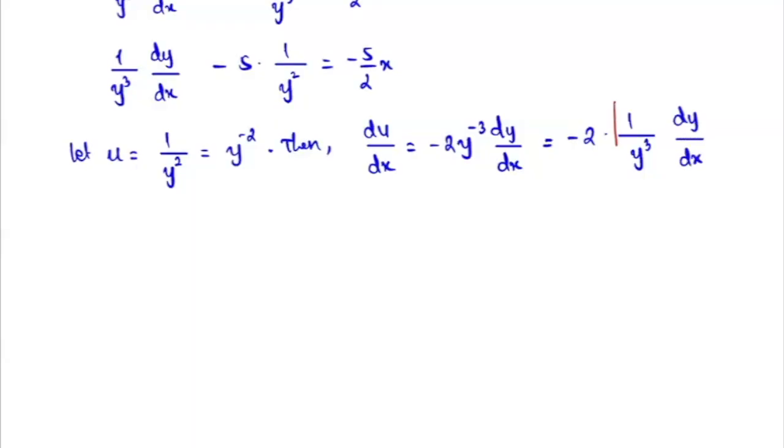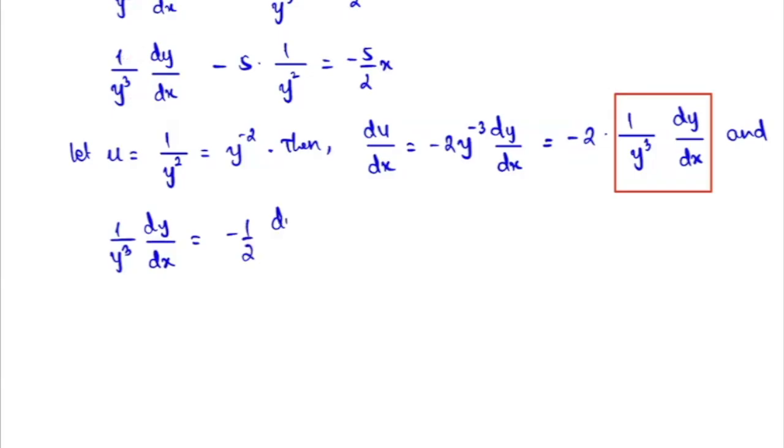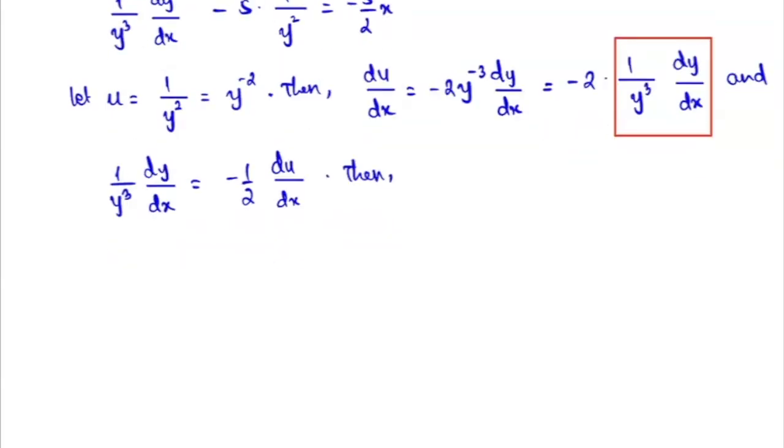So this term right here matches the first term in the equation. You can see that 1 over y cubed dy/dx is equal to -1/2 times du/dx. So you replace the first term in the original differential equation by the new derivative.